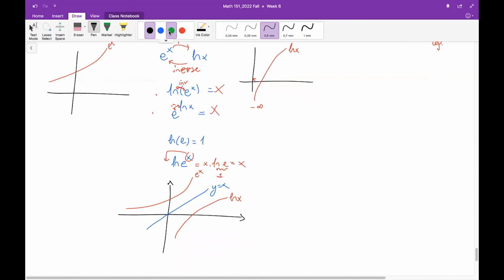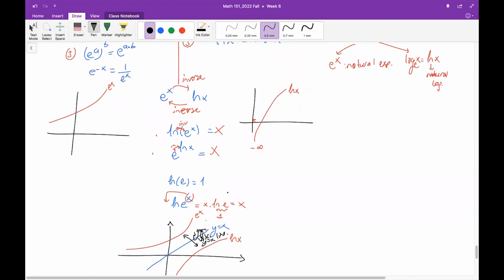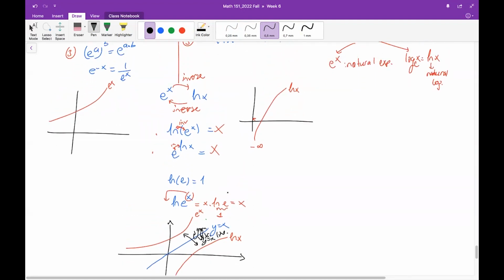You see they are symmetric with respect to the y equals x line, okay? Let me write this down and then I will stop: symmetric with respect to the y equals x line, as they are inverse functions. So this was the last thing that I wanted to talk about. I stop here. Thank you for your attention.